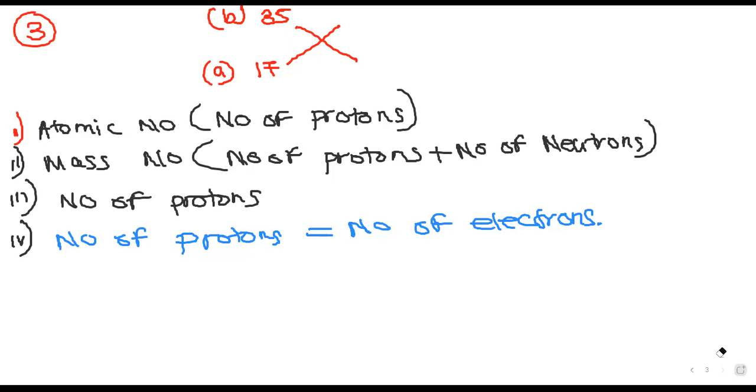So the question asks, if this was a neutral atom, what subatomic particles would be equal in number? The number of protons and the number of electrons would definitely be equal, right?